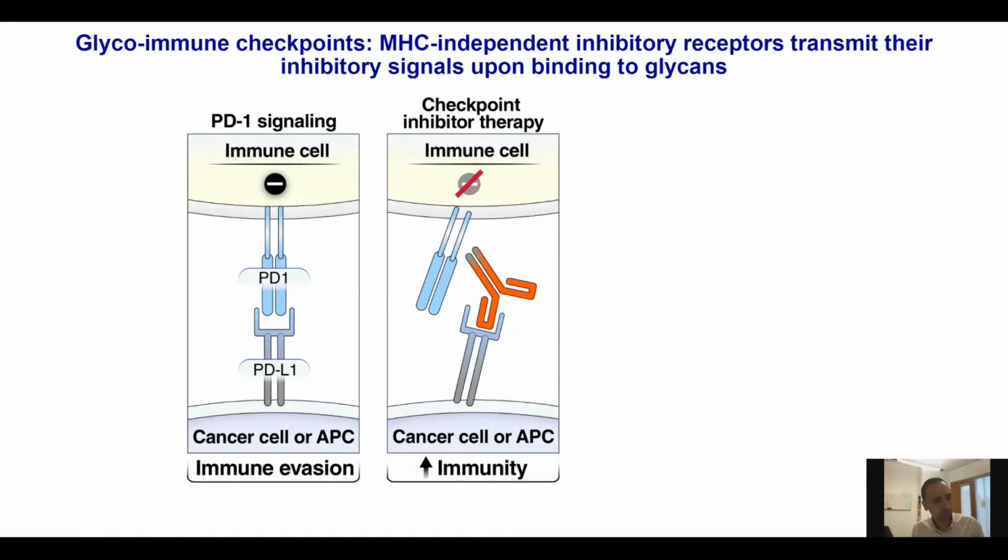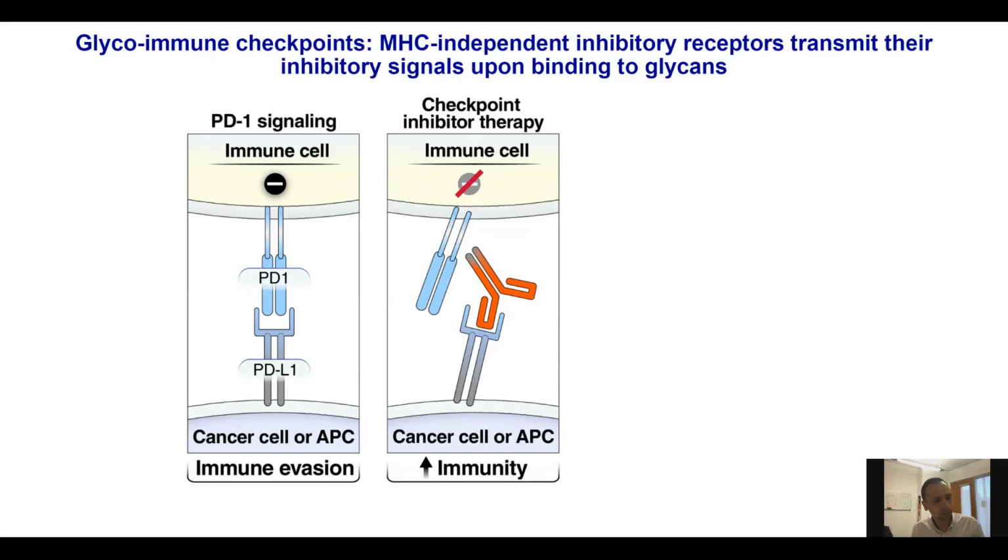I'm sure all of you are quite familiar with classic immune negative checkpoints that work by protein-protein interactions. For example, the protein PD-1 expressed on immune cells binds to another protein called PD-L1 on the surface of target cells, including cancer cells, and these interactions inhibit immune functions and allow, for example, cancer cells to evade immune surveillance.